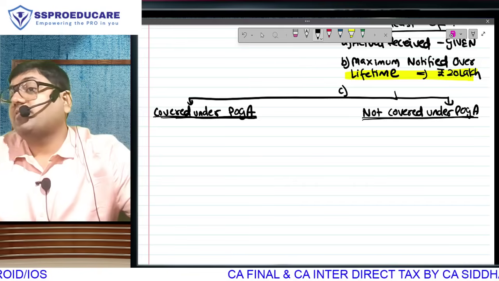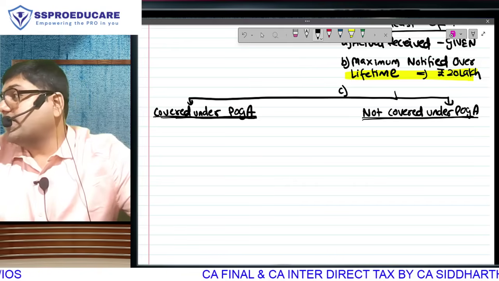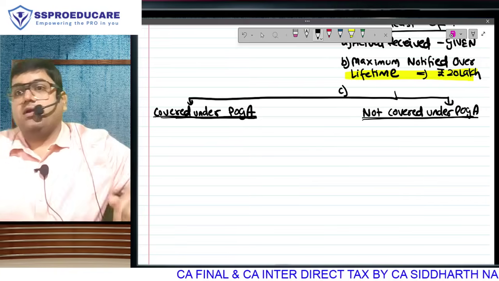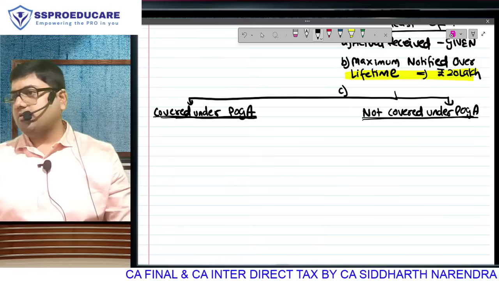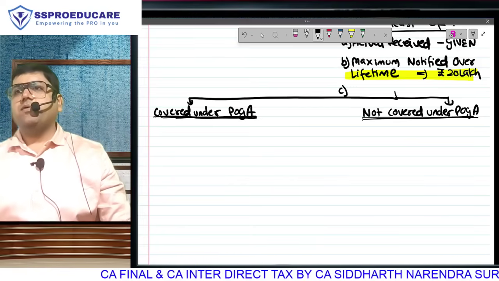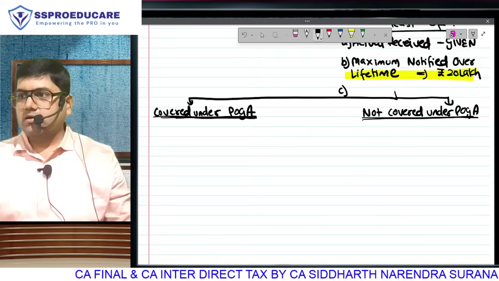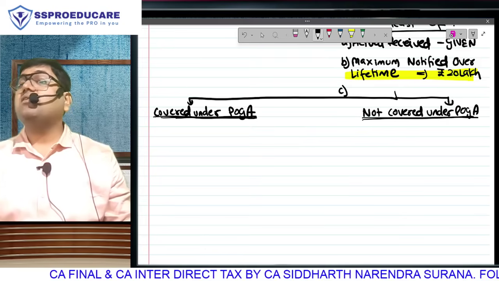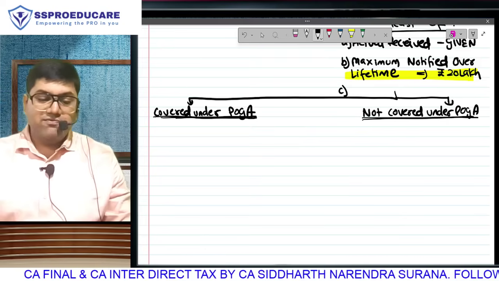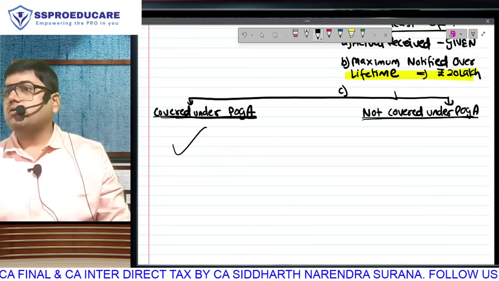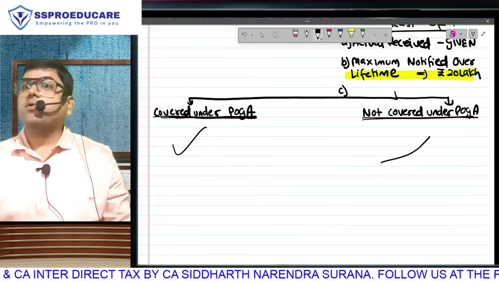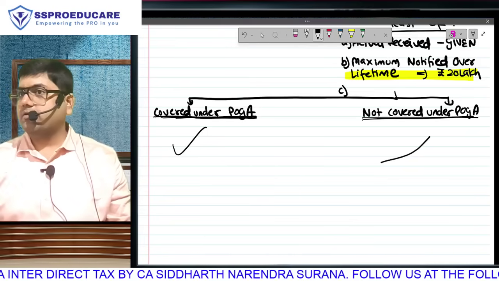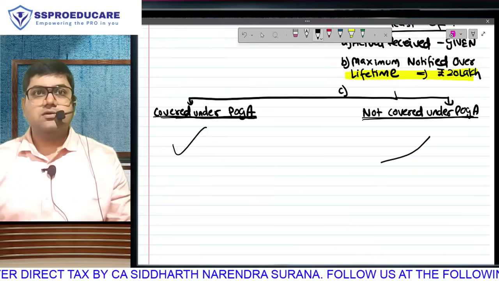Dekho, at the beginning of the section I told you, employees can get gratuity in two ways. One, employer is giving voluntarily out of love and affection, or two, you are covered under Payment of Gratuity Act. Correct? The person who is covered under Payment of Gratuity Act will compulsorily get gratuity. But here also, employer ka choice hai, optional basis you can get gratuity.